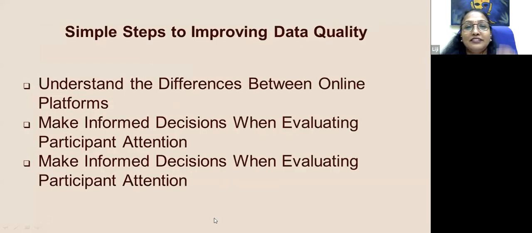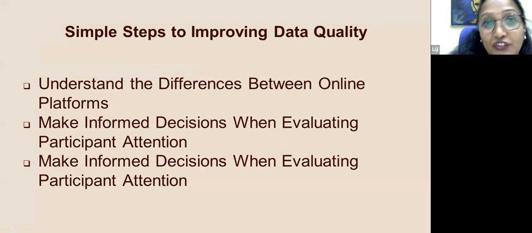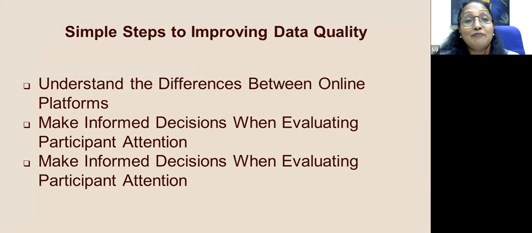Then the simple steps to improving the data quality while doing an online survey: you should understand the differences between the online platforms. Some platforms will give you authentic survey answers, some may not. There is a survey done by some researchers in Turkey on which online platform is better for surveys, like Survey Monkey versus Google survey, and so on.